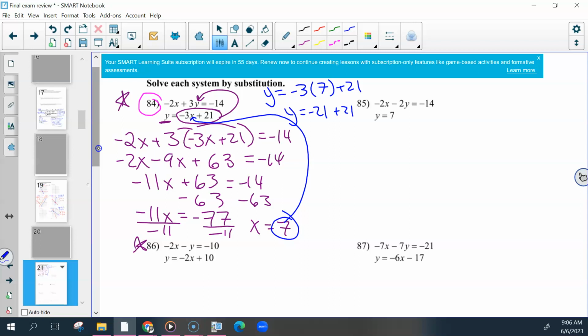Multiply that, combine those. In this case, they cancel each other out. And you would put those two things together as an ordered pair. And that would be your final answer. Questions on that before we move on?